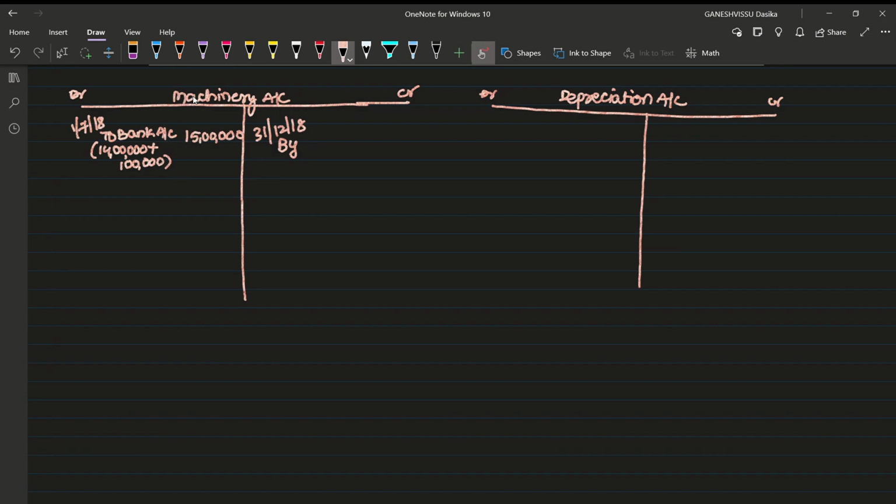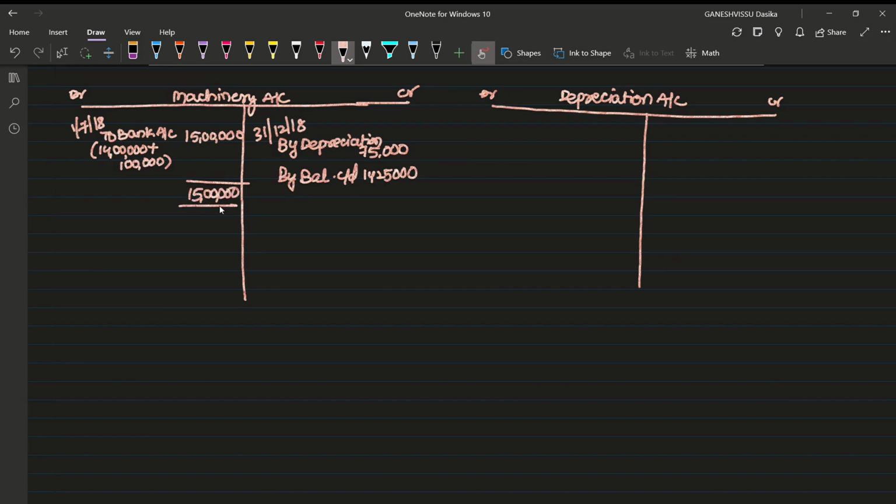The value of machinery has decreased by 75,000, so machinery account is to be credited by depreciation account, 75,000. And the balance carried down is 15 lakhs minus 75,000, 14 lakhs 25,000. So the total is 15 lakh rupees.